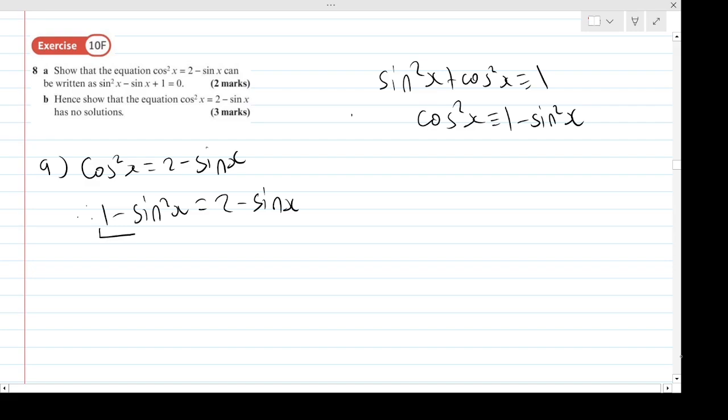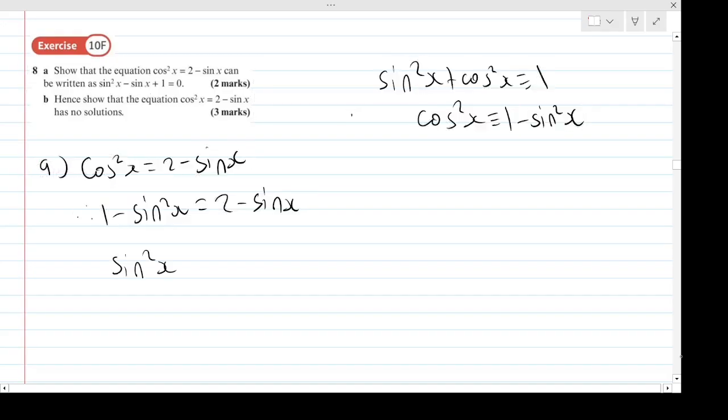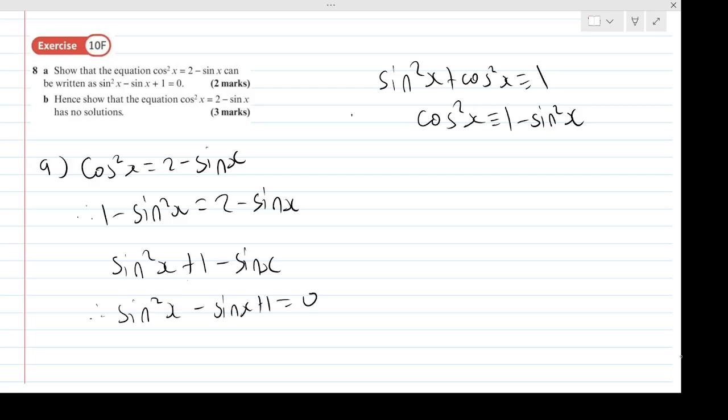So if I add sine squared first, I'm going to get sine squared x. Plus 2 minus 1 would be plus 1 minus sine x. And then if I just rearrange it ever so slightly, I get therefore sine squared x minus sine x plus 1 equals 0. Okay, there we are. Cool.